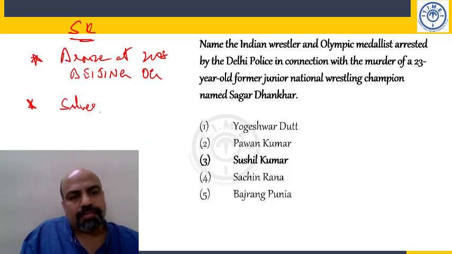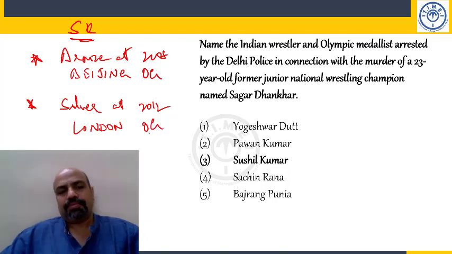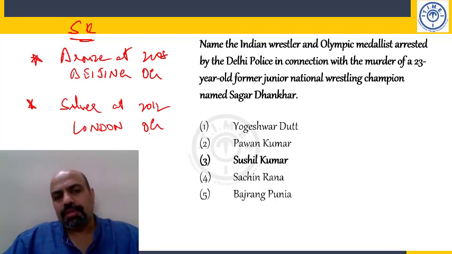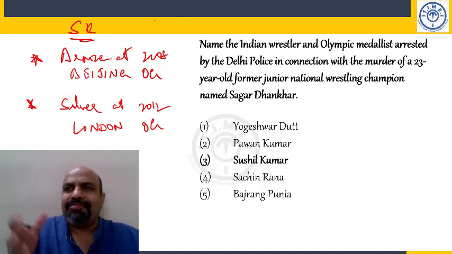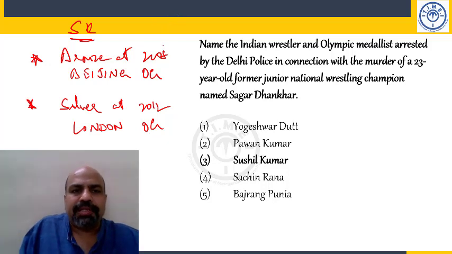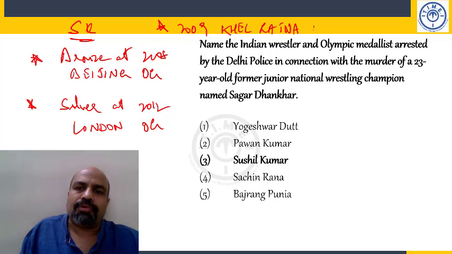Silver at 2012 London Olympic Games. Last point. 2009 Khel Ratna Award. Rajiv Gandhi Khel Ratna Award. Now it's called Khel Ratna Award.